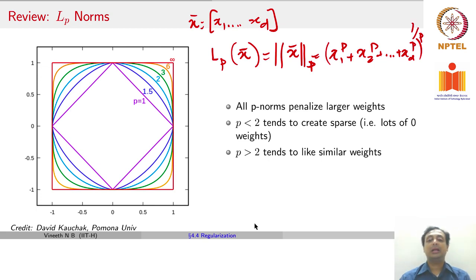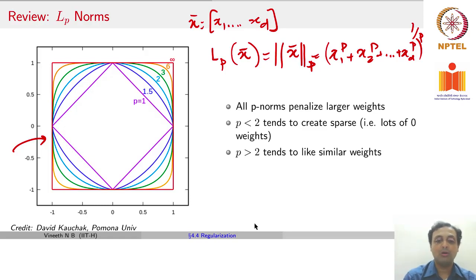You can make out that if you put p as 2, you'll get your standard Euclidean norm or L2 norm. Similarly, you can have L1 norm, L0 norm, and so on and so forth till L infinity norm. You can actually have p to be any positive number, or non-negative number for that matter. So you see here diagrammatically how the unit ball of each of these LP norms looks.